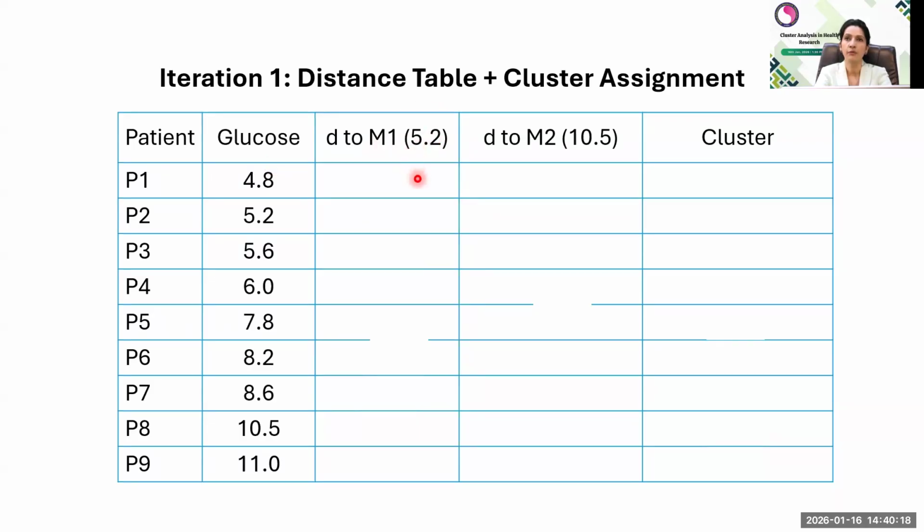All of you please calculate what will be the distance of 4.8 to 5.2. Can you put that response? 0.4, right? So this is 0.4. And what will be the distance of 4.8 to 10.5?